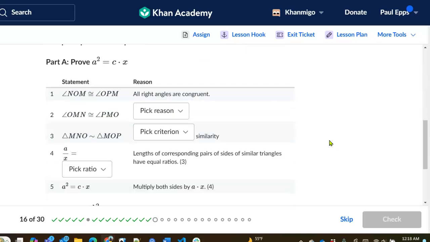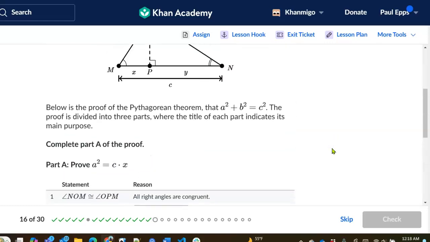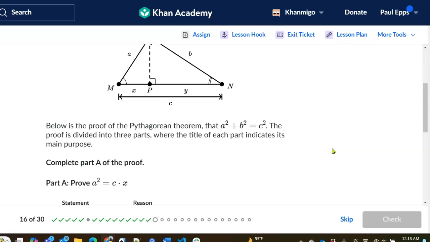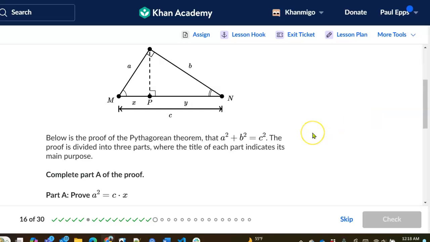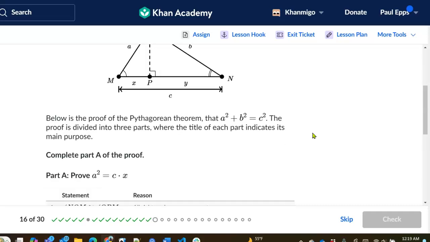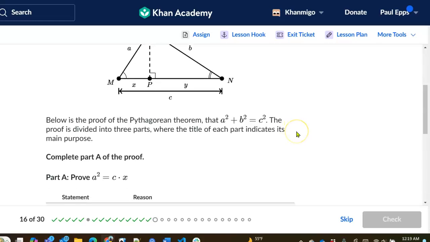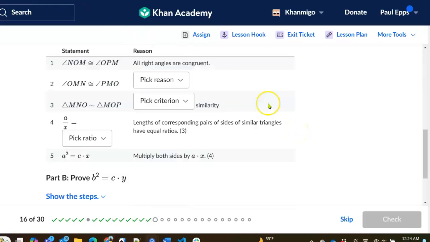The proof is divided into 3 parts, where the title of each part indicates its main purpose. First is proving that a squared equals c times x. Okay. All right. Part 1.